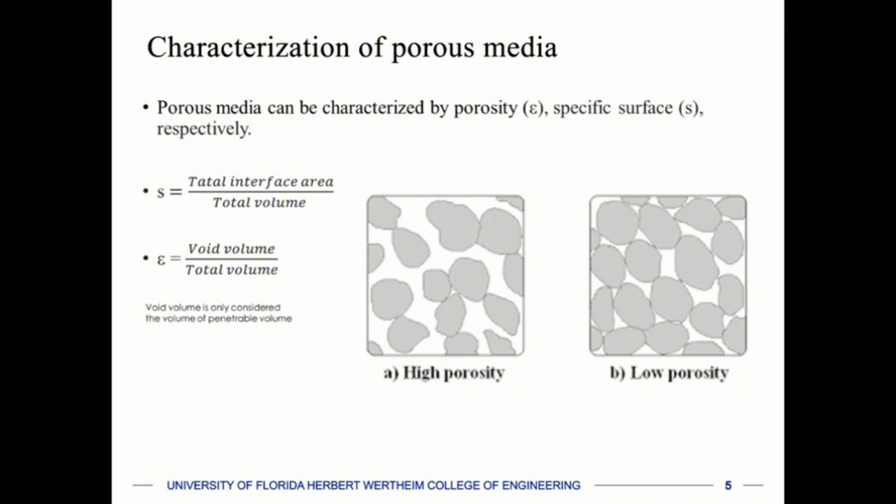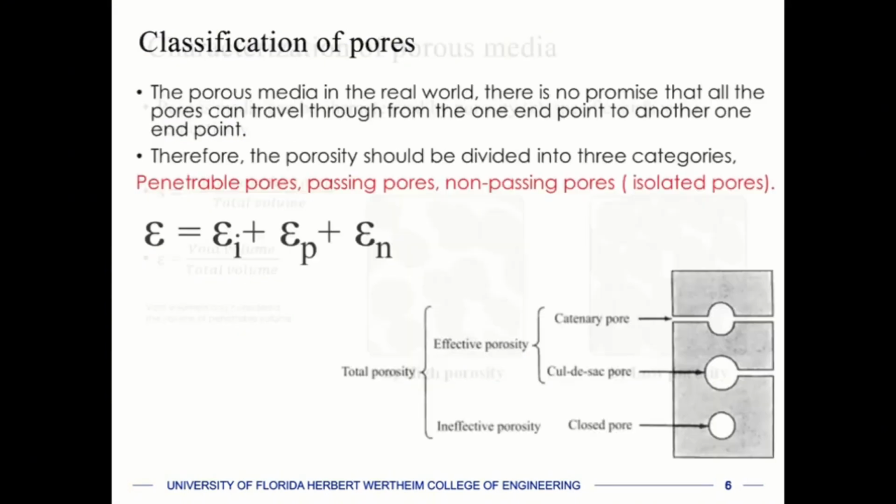The first one is the specific surface, which is equal to the total interface area, the area that is exposed to the fluid phase or the gas phase, over the total volume. And the second one is the porosity. Porosity is equal to the void volume over the total volume. The void volume here only considers the penetrable volume. And we will get into the detail in the next slide.